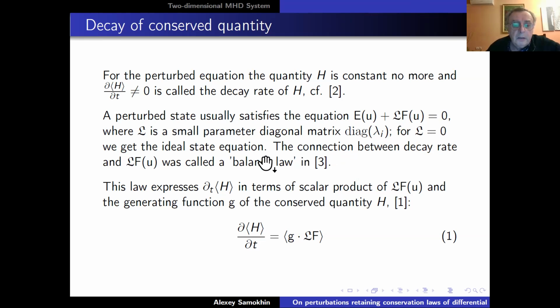Then in this case, the decay rate is described by a simple formula. It is a scalar product of the additional term and the so-called generating function of the conserved quantity. It is a very simple fact, and it was proved by me a long time ago.